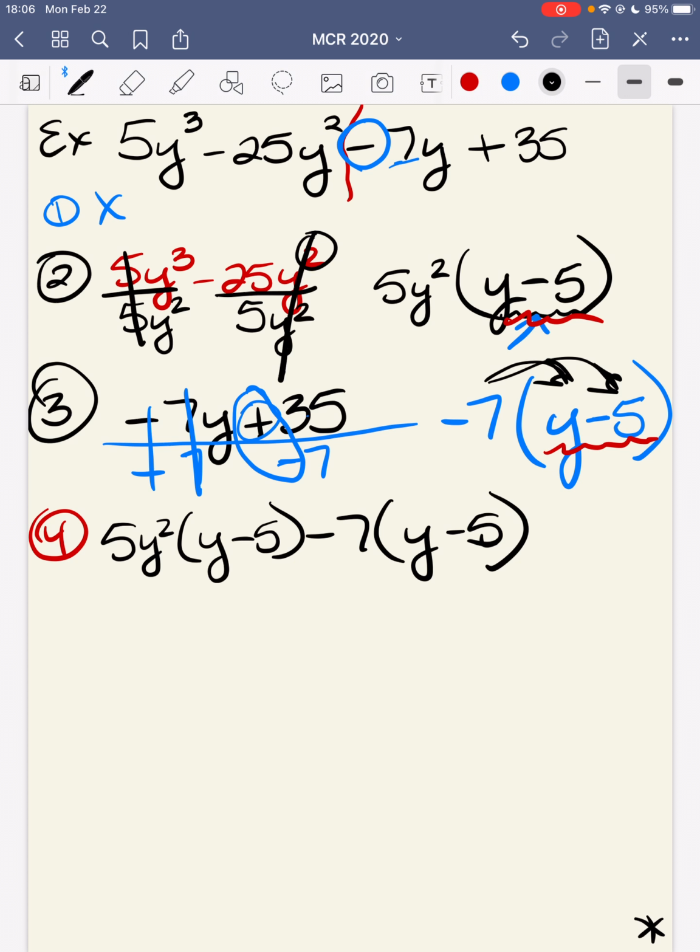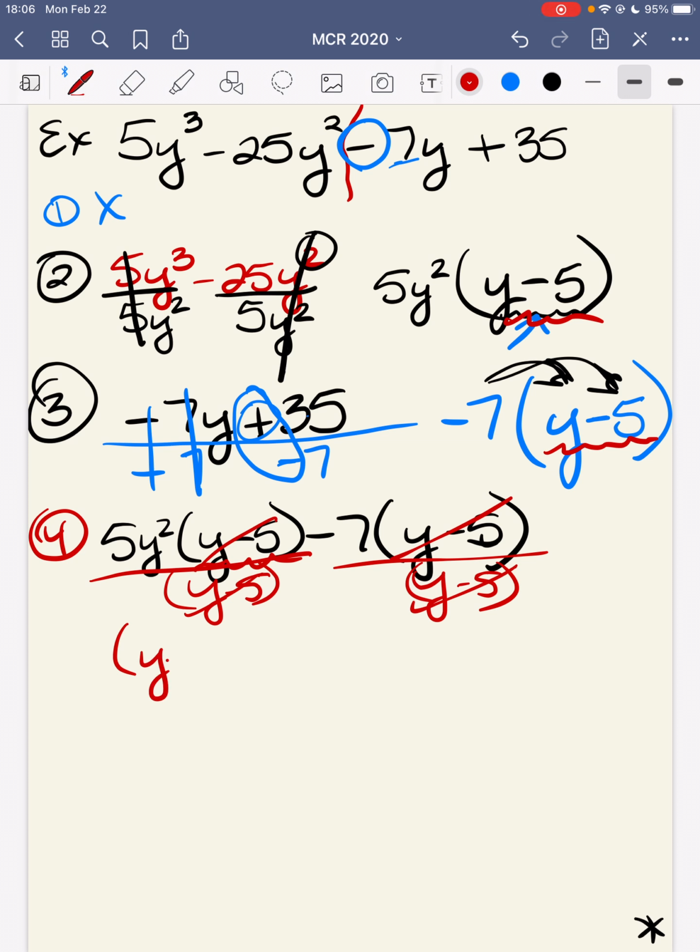It says I need to go ahead and pull out my binomial GCF, which means I'm dividing these by y minus 5. My y minus 5 will be written up front. And whatever's left over that I didn't cross out will go in a second set of parentheses, which will be my 5y squared minus 7.